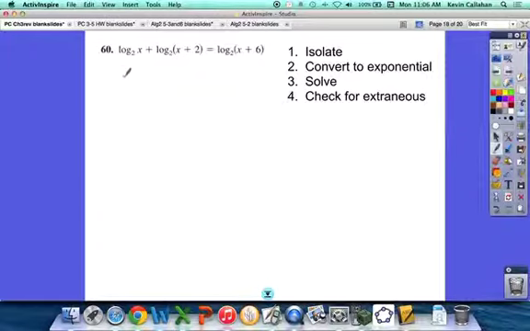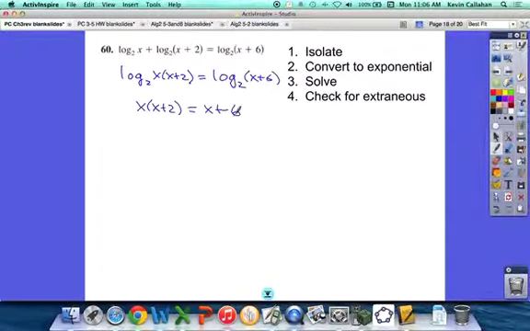So log base 2 of x times x plus 2 equals log base 2 of x plus 6. Right? So now since one log equals another, then x times x plus 2 equals x plus 6. So we didn't end up using the convert to an exponential on that one. Okay, now it's x squared plus 2x equals x plus 6.